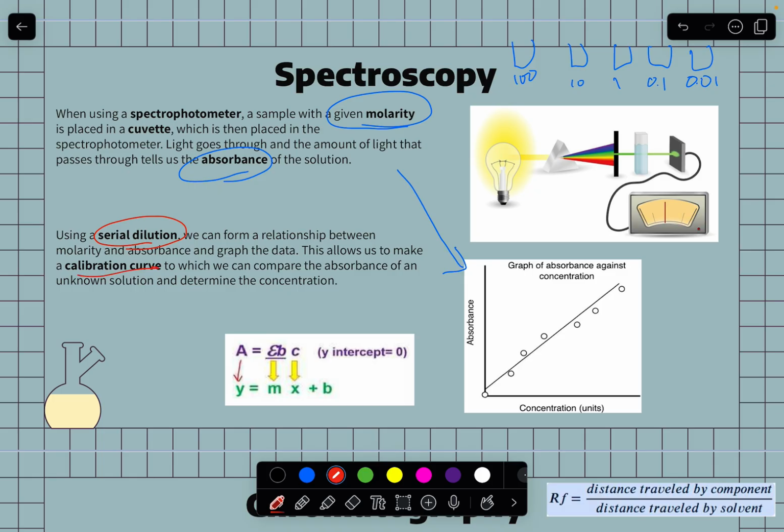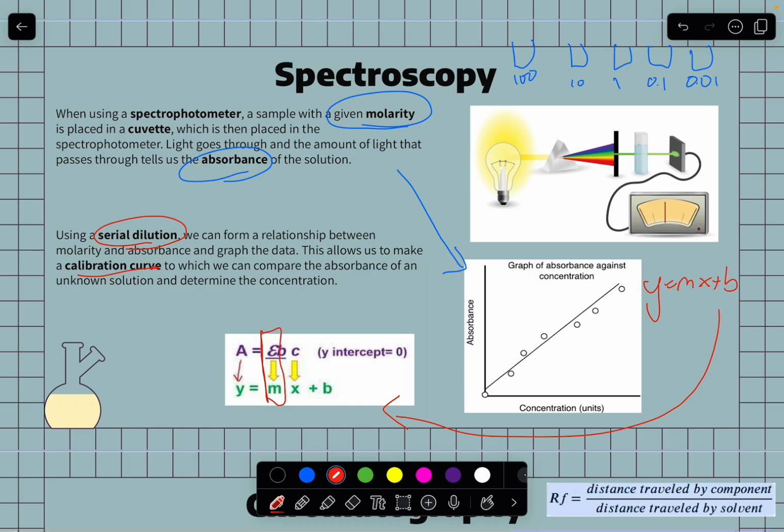We get an equation of y = mx + b from this line, and that relates back to Beer-Lambert law. Your y is your absorbance, your x is your concentration, and your m is the other factors, the path length and the molar absorptivity. So the m stays constant.